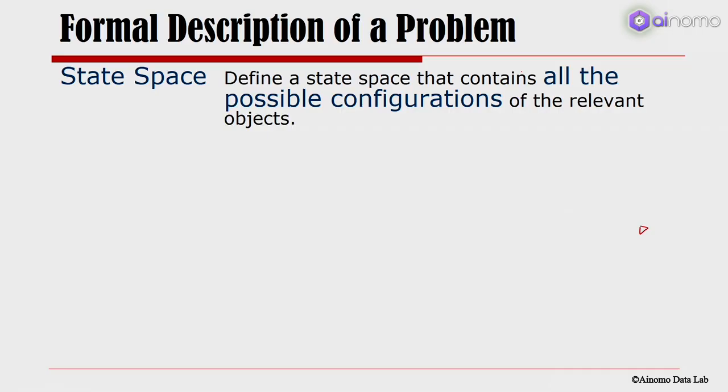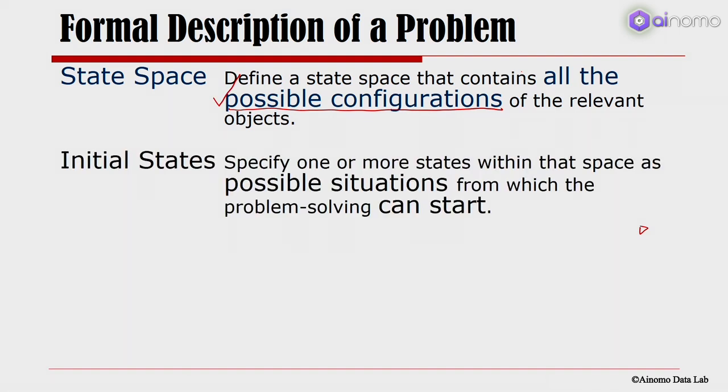Let's look at what we meant by problem solving as search. We define a state space that contains all the possible configurations. One or two configurations I have shown you. We would love to define all possible configurations of the relevant objects. We would then look at the initial state, that is, specify one or more states within that state space as situations from which we start.